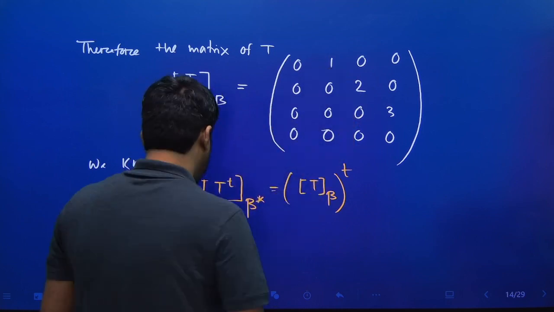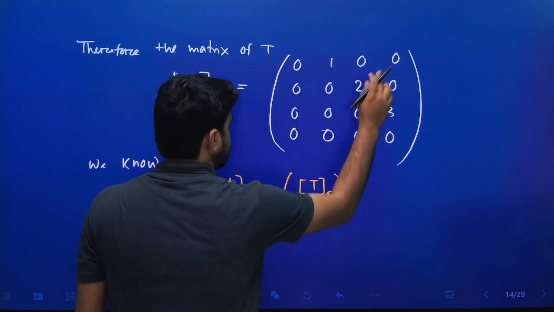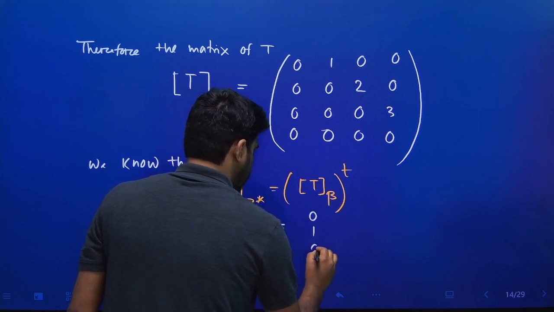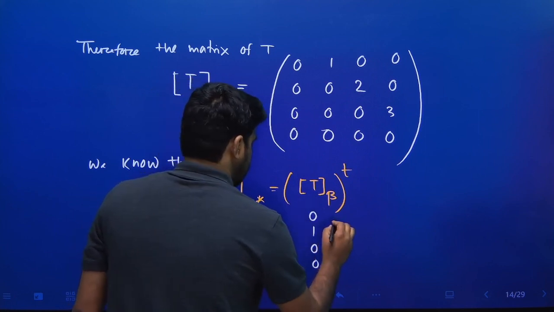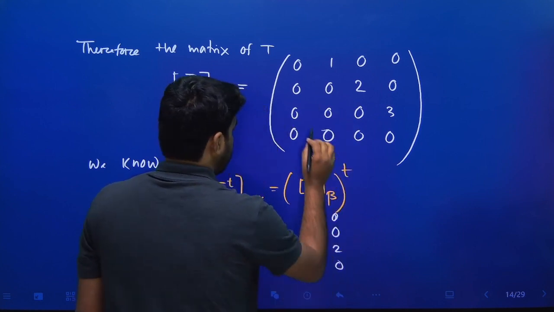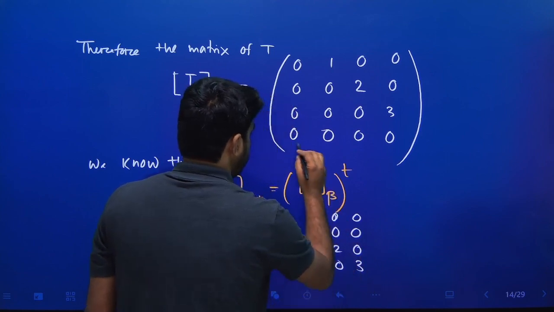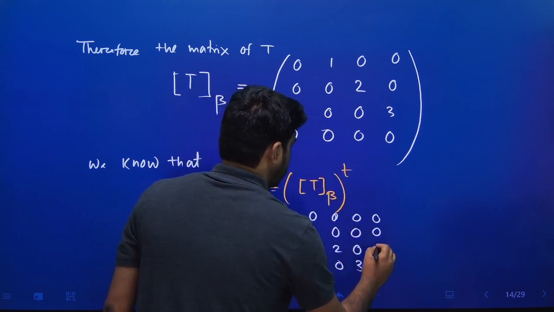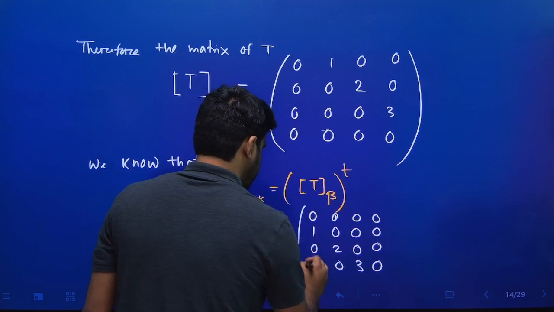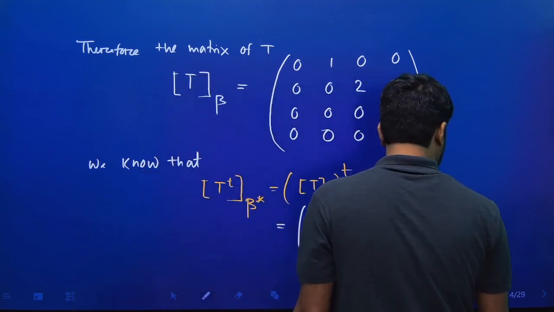Just wait, transpose. So that is 0 1 0 0, 0 0 2 0, 0 0 0 3, 0 0 0 0. So this is the answer.